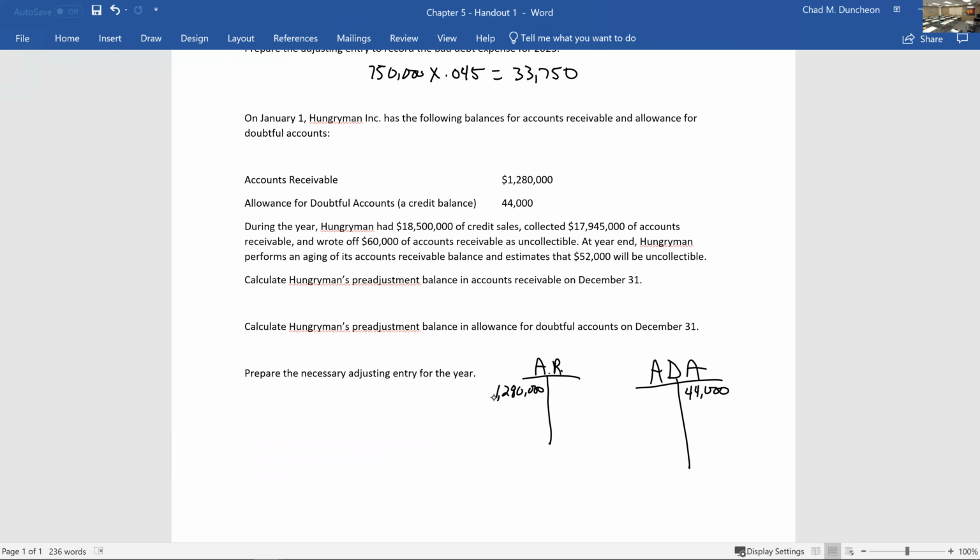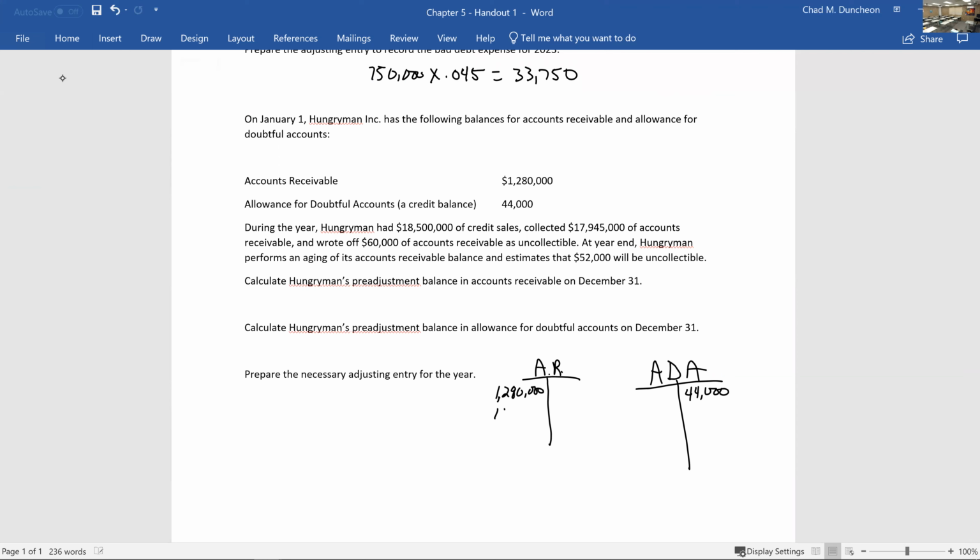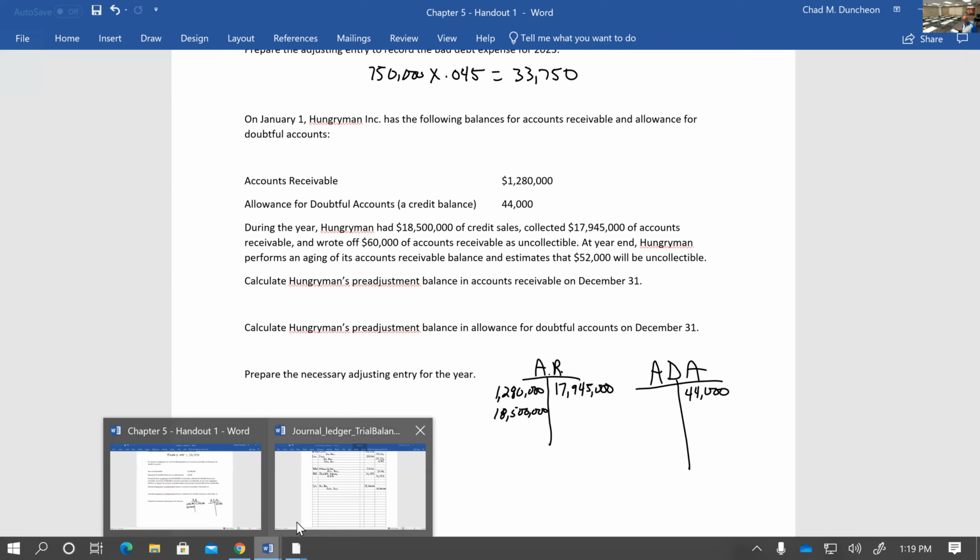That is why, when we pull accounts receivable over into our T accounts, we will make it go up by $18,500. Our collections are going to be a credit to accounts receivable for $17,945.